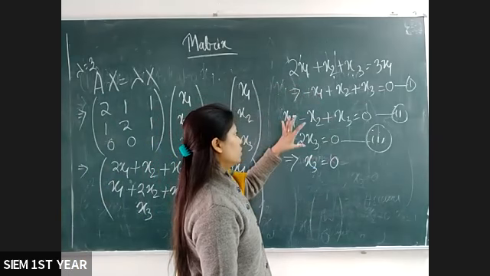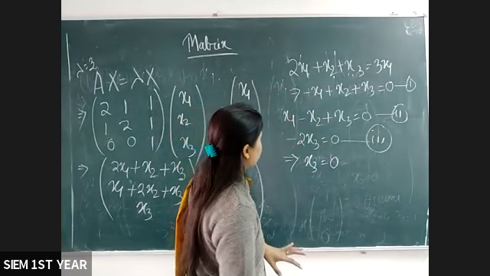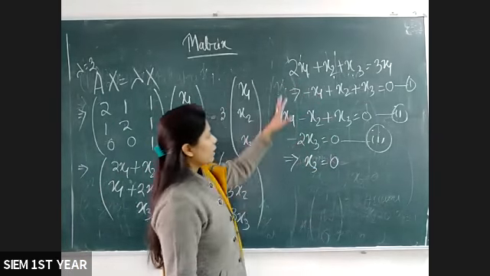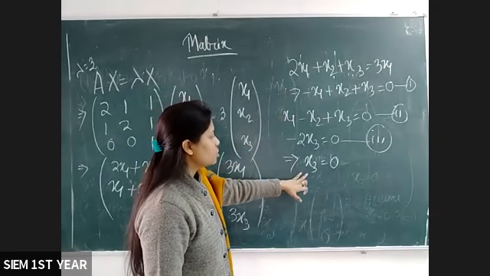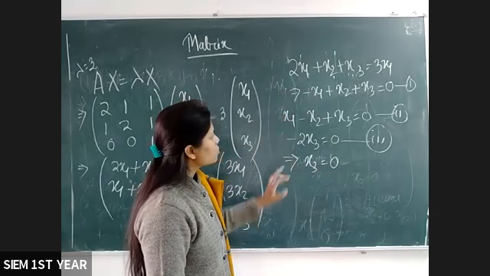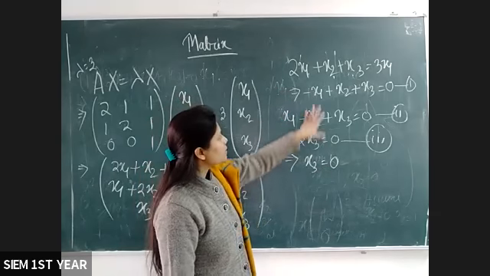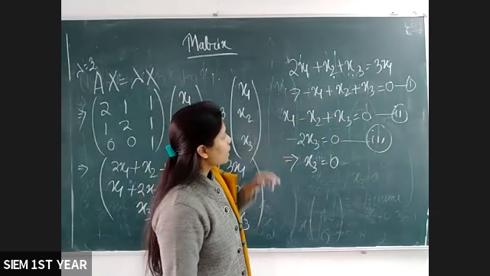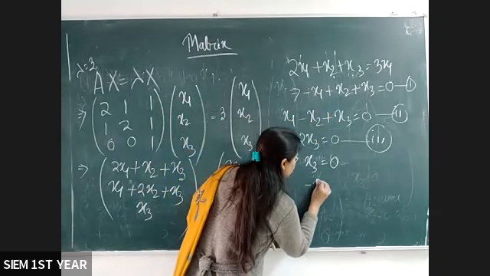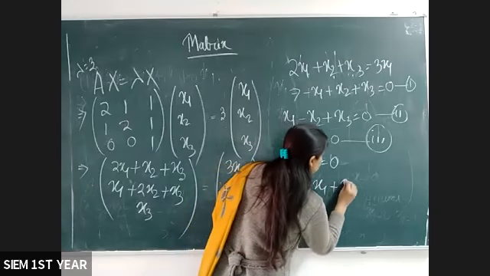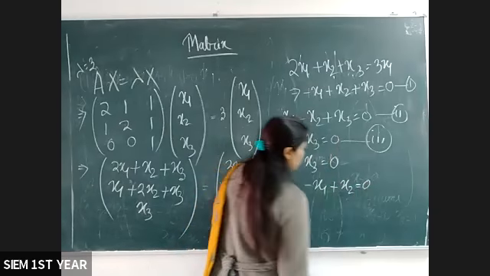Oh no, the equations are, I think, not the same. So here you get three different equations. From the third equation, first we solve for x3 is equal to 0. Then we put this x3 is equal to 0 in the first and second equation. So if you put x3 is equal to 0 in the first equation, you get minus x1 plus x2 is equal to 0.